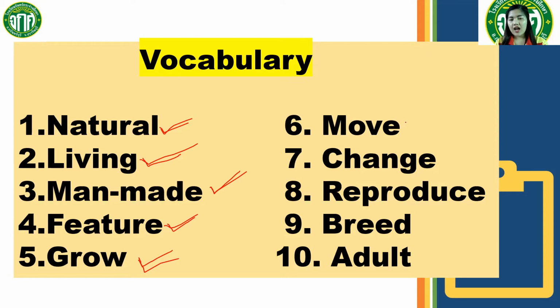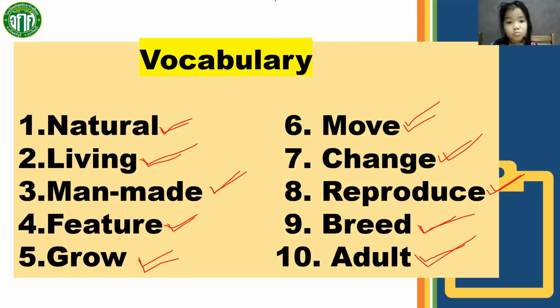Number 6, move. Number 7, change. Number 8, reproduce. Number 9, breed. Number 10, adult. Okay, so let's move on to spelling.